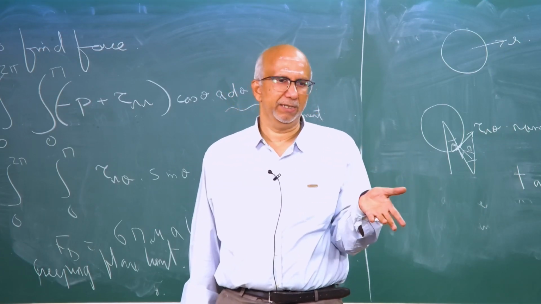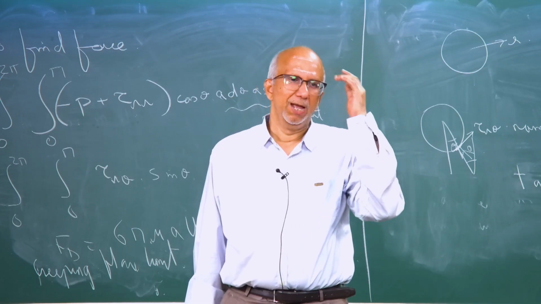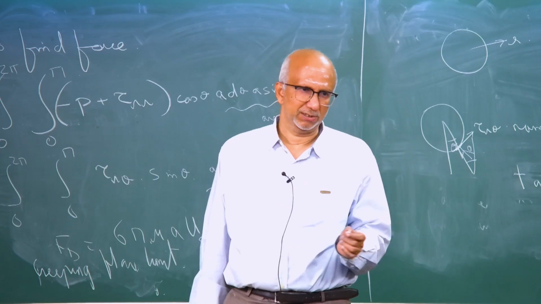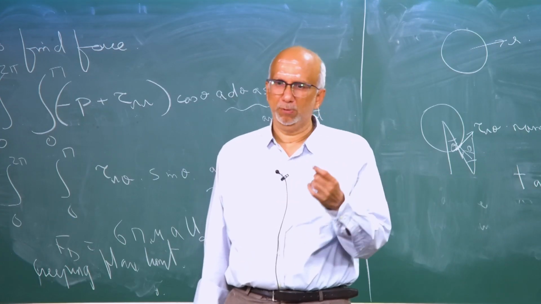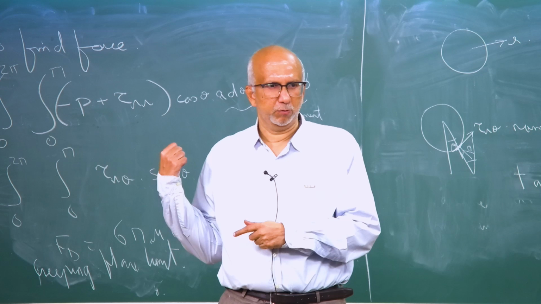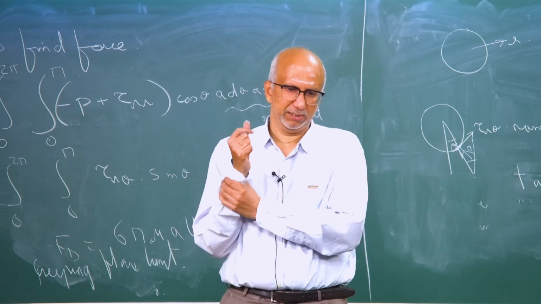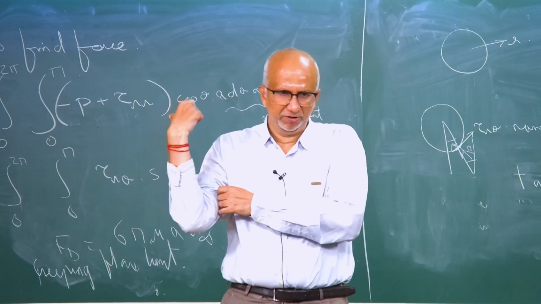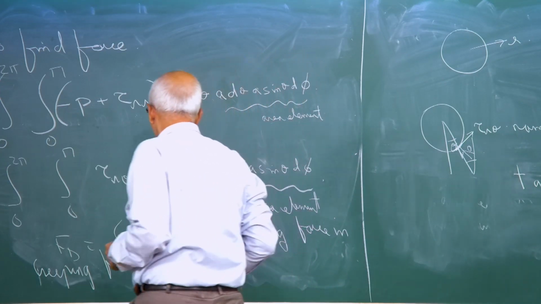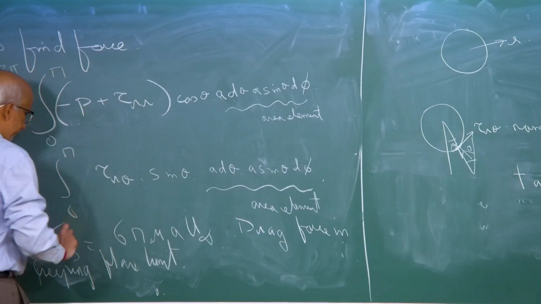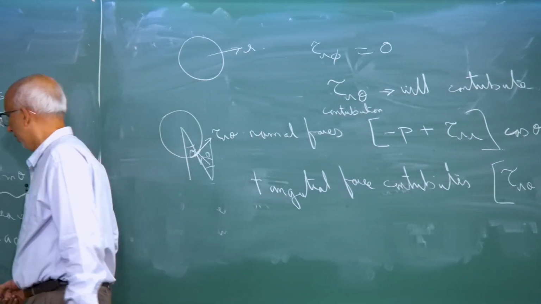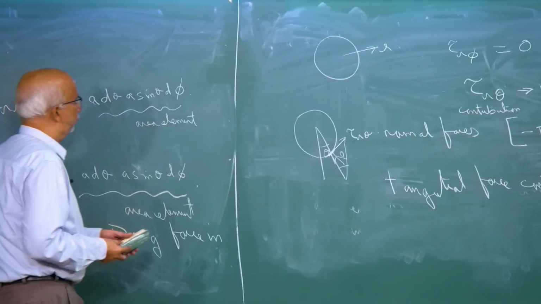That is my job, but actually doing the differentiation and the integration is something you have to do, and you should be able to do it now on the basis of what I have said. So, my expectation is that you will sit and do this calculation and verify that this is indeed Stokes' law which you get. You just check the sign. Is it plus or minus? I will leave that to you.